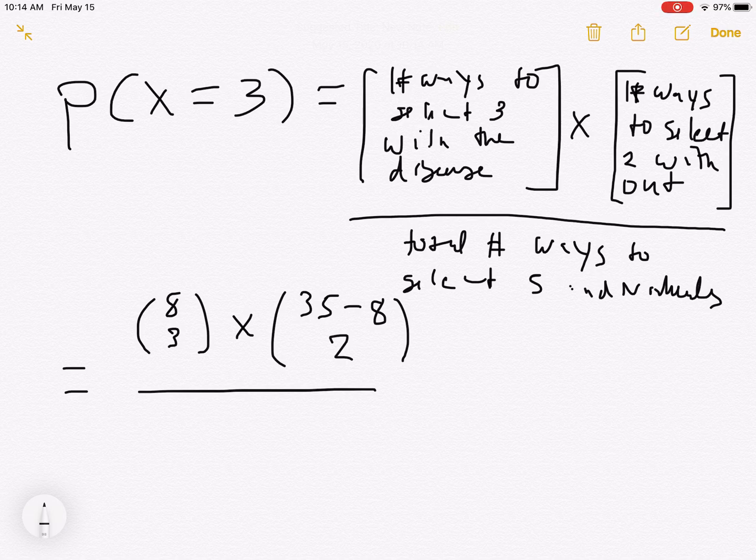And I want to select 2 of them. Okay. Then in the denominator, I'm going to have my total population, and I want to select 5 of them. So 35 choose 5. And when you calculate this probability, it's going to be approximately 0.06 or 6% chance. Okay.